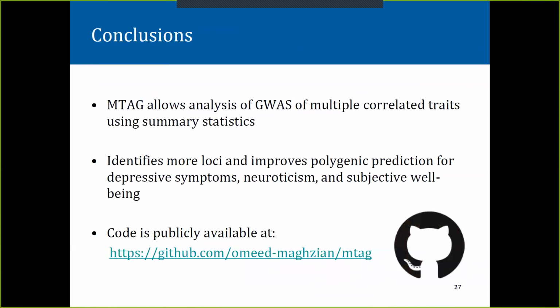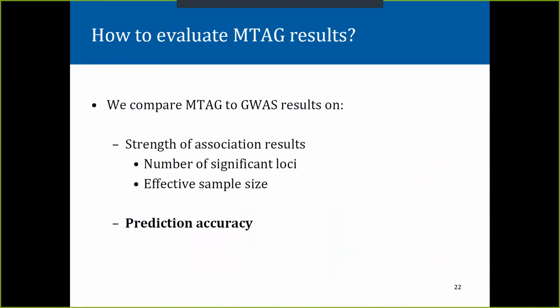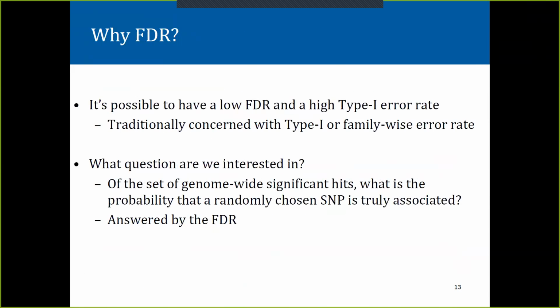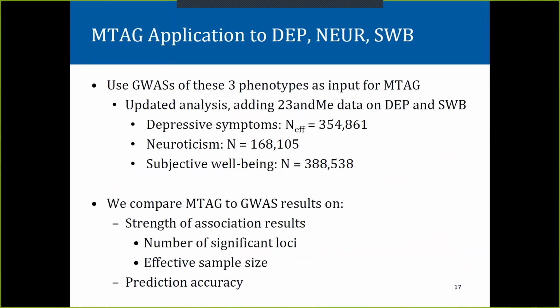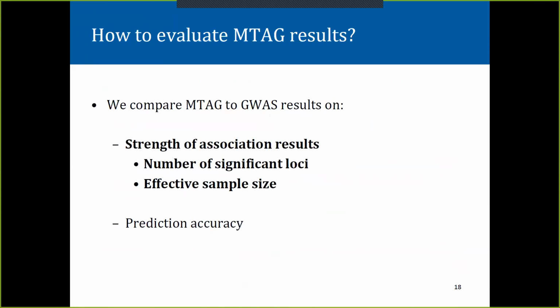And so in conclusion, it looks like MTAG seems to work well in this setting. I want to highlight as well that we chose this setting specifically because we thought that it satisfied, oh, I must have removed that slide. These three traits that we're considering here are highly genetically correlated, and the GWAS summary statistics for each of them have a comparable mean chi-squared.